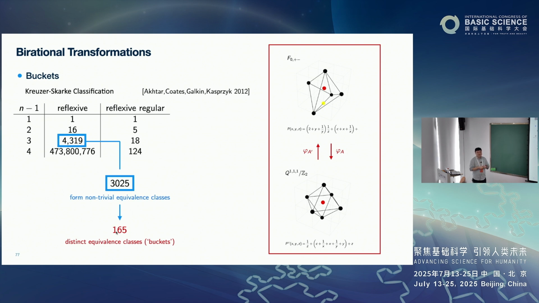So they are related, and toric varieties that are in different buckets cannot be deformed into each other. So this is the idea that we are having here in terms of birational geometry.